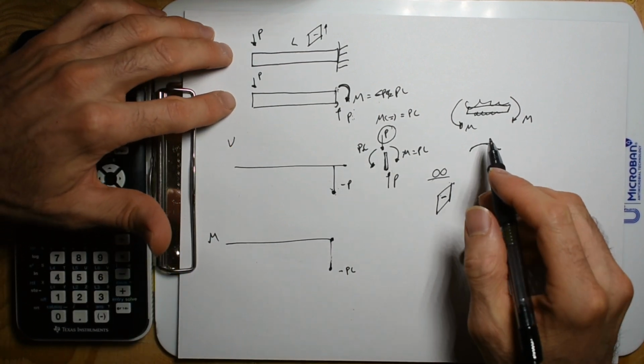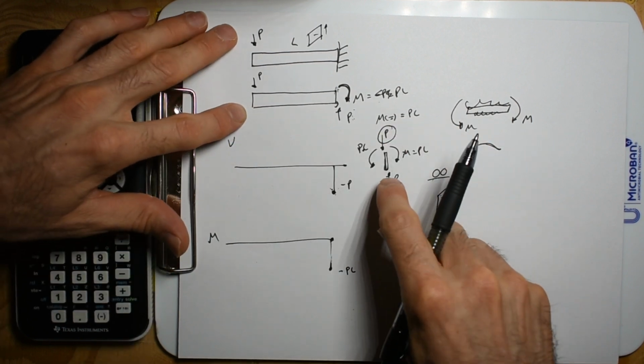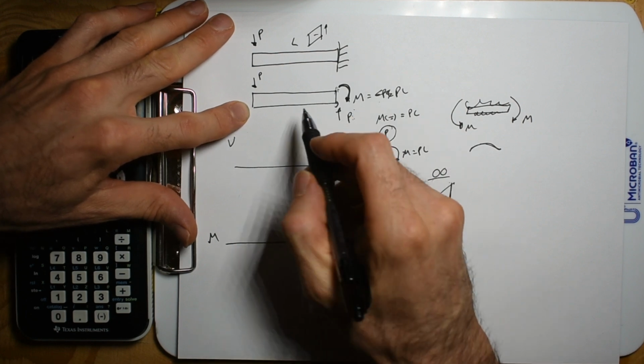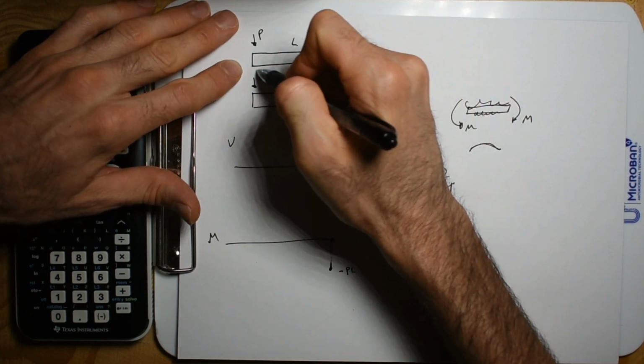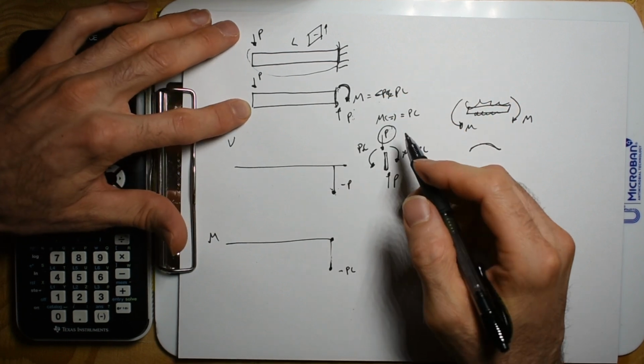So now that all worked out, and I felt like we did it both ways, of taking this, chopping this all out and finding it there, and then chopping it this way and finding it there.